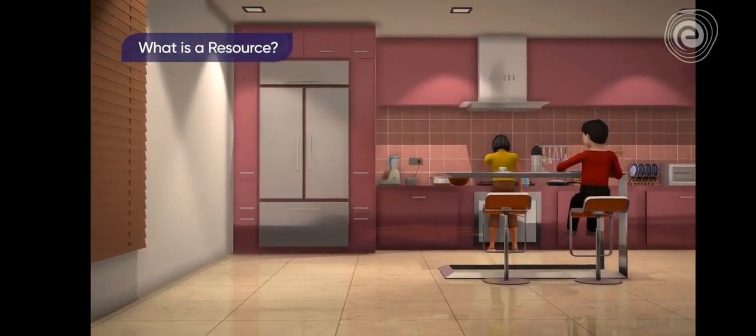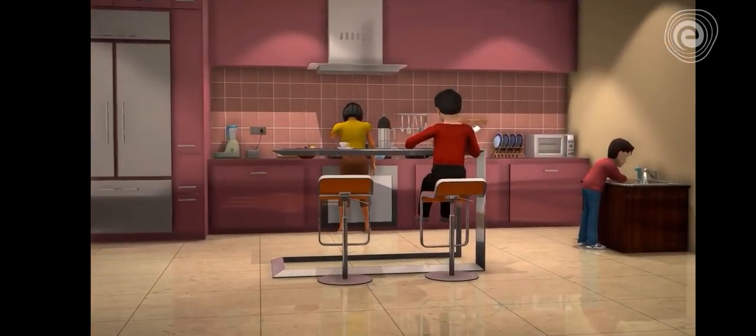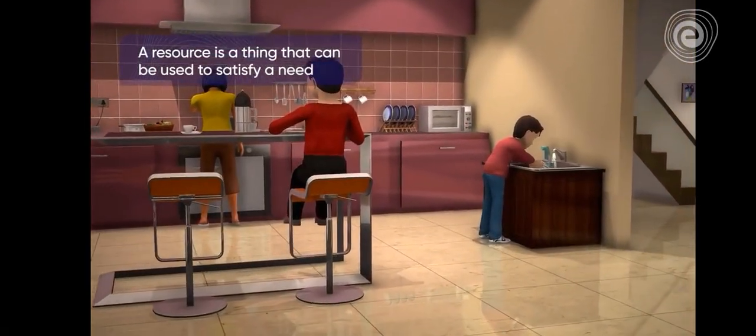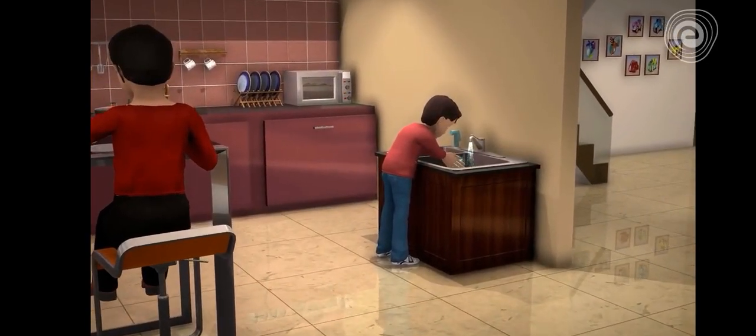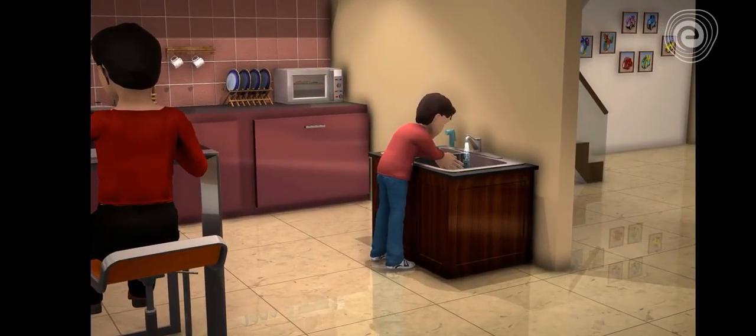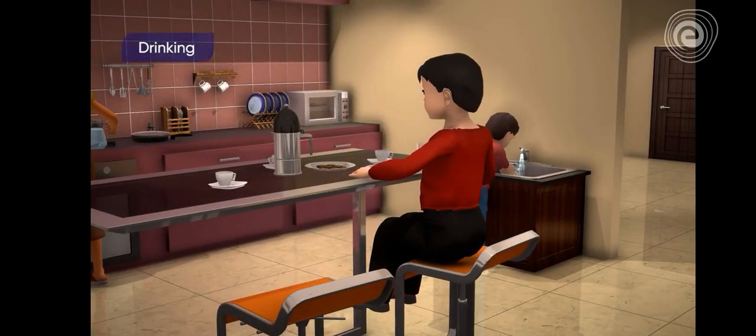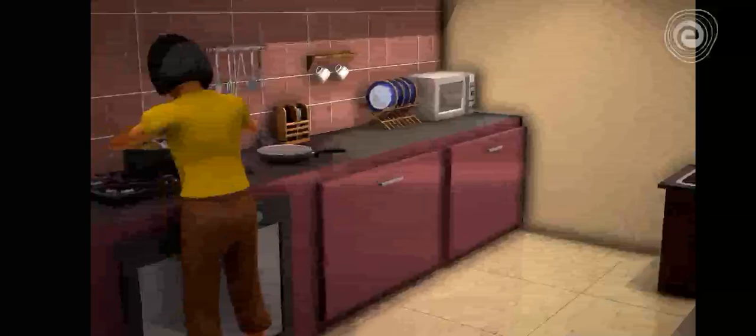What is a resource? Well, a resource is a thing that can be used to satisfy a need. What are some resources in your home? Water as a resource can be used for washing, drinking, and cooking.